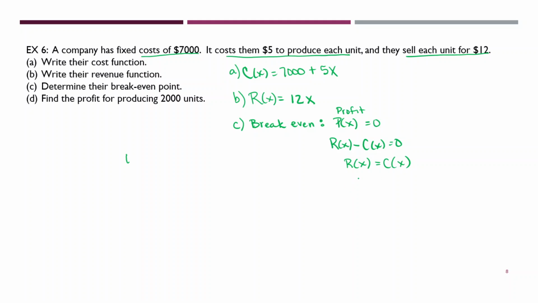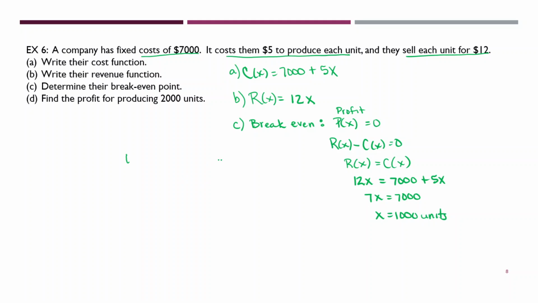So I can simply take 12x and set it equal to 7,000 plus 5x. That'll get me 7x equals 7,000. So that means x is 1,000 units. So to break even, in other words, have no loss but no gain, I have to sell 1,000 units.